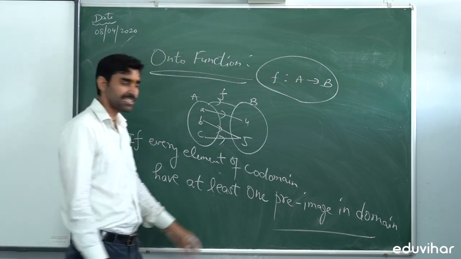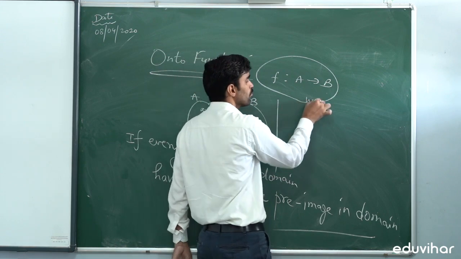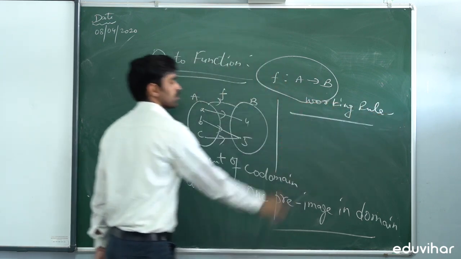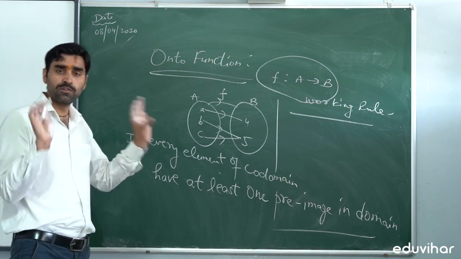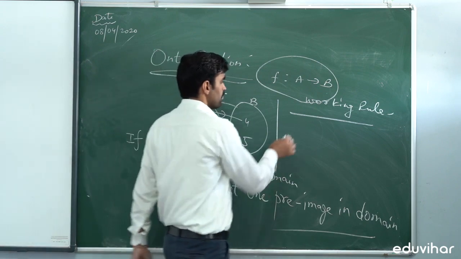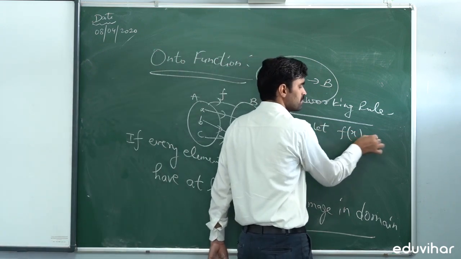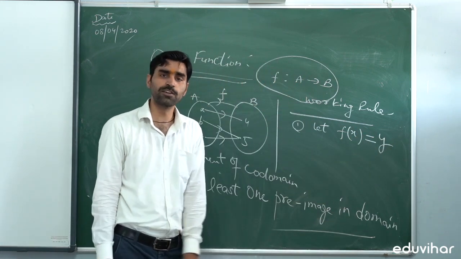Now consider an example or working rule which we can apply. Working rule: how can we verify, how can we say the given function is an onto function? First, सबसे पहले हम जो गिवन फंक्शन होगा उसको किसी दूसरे फंक्शन के इक्विवेलेंट करेंगे.